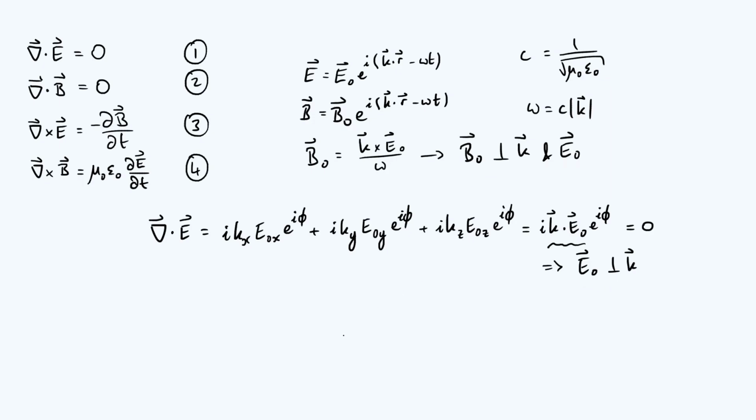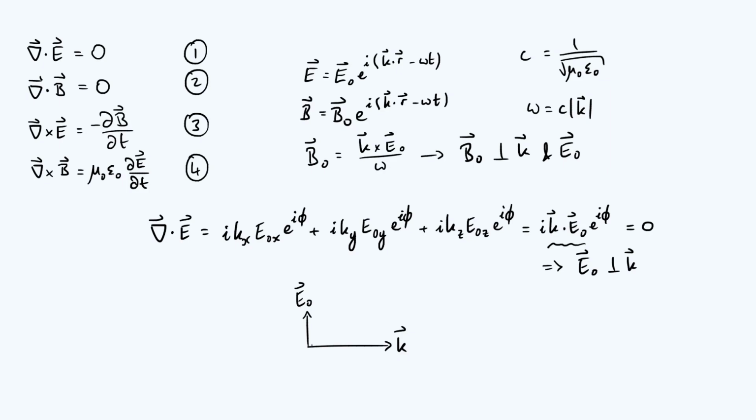So if we were to draw that on a diagram, let's say your wave is propagating to the right, so your wave vector k looks like that, and your E naught vector, the direction of oscillation of the electric field, is pointing up. Then B naught would have to be either going into the page or out of the page, or I guess I should say screen.